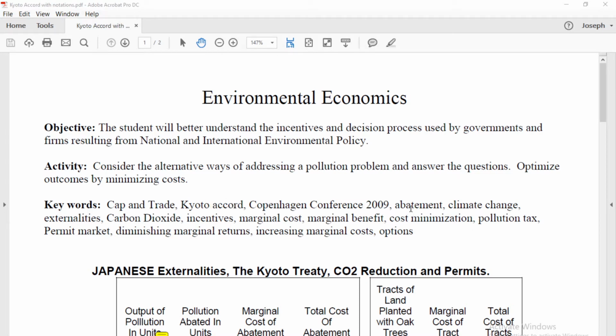Abatement is a term that we use to generalize all the efforts to try to reduce or do away with pollution. Climate change, externalities, that is, an externality is the economic term that we use for pollution.